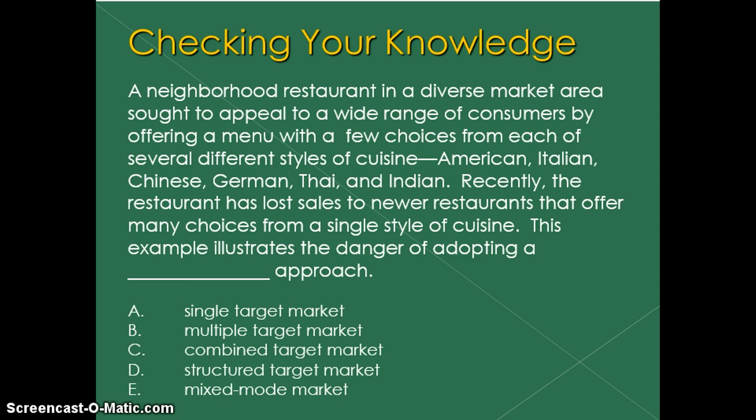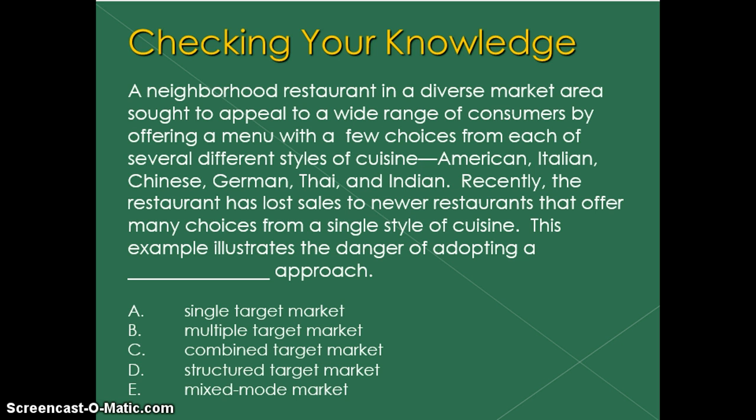Recently, the restaurant has lost sales to newer restaurants that offer many choices from a single style cuisine. This example illustrates the danger of adopting a blank approach. Now, I don't like that the manufacturer put this question prior to actually talking about these, but I want to go through this quickly, give you the correct answer, and then in the next video, I will explain in more detail what each of these approaches are.